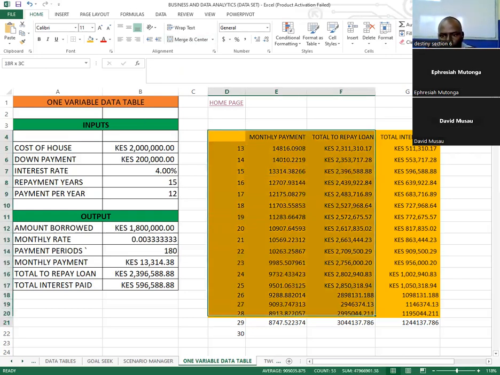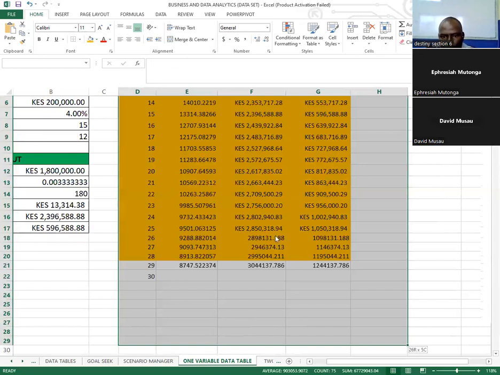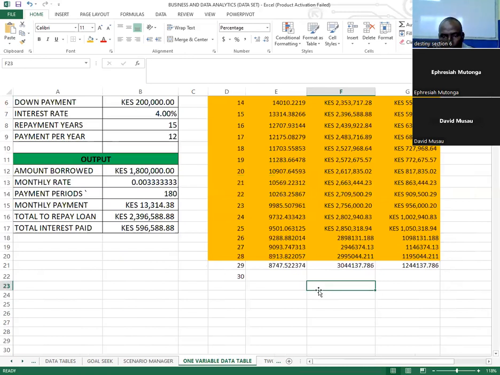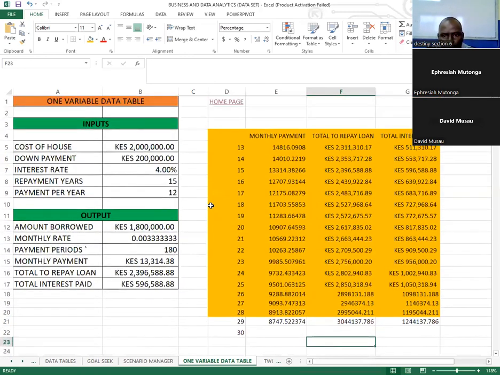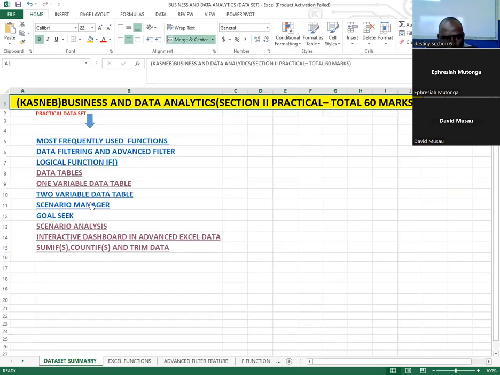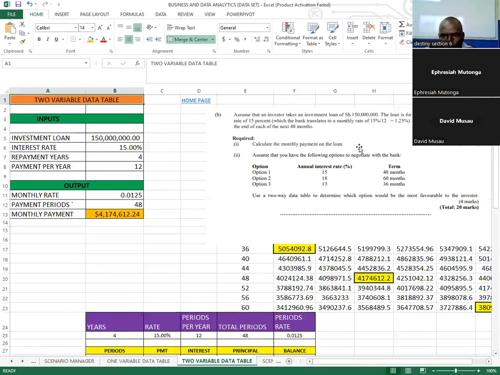Okay, so this was the one variable data table. We also have the two variable data table.